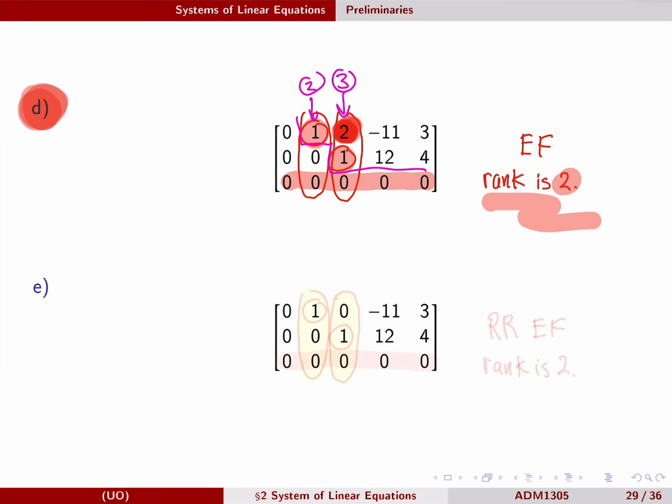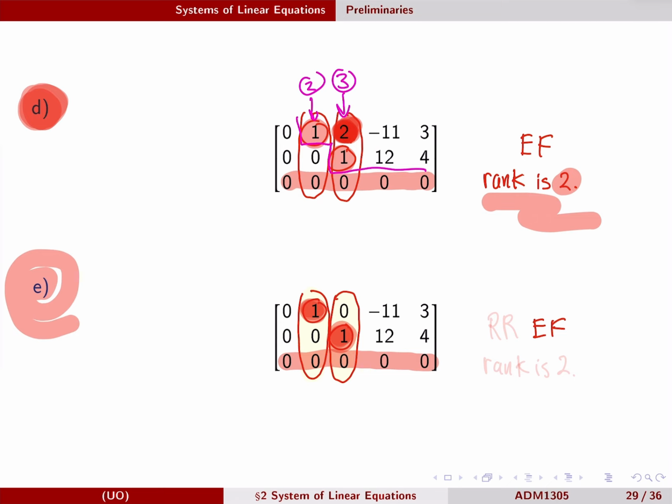What about the last example? And you can see where this goes. We still have those 2 pivots in the same spot. We still have that row of zeros at the bottom. So using the same arguments, we see that this is in echelon form. Is this in row reduced echelon form? Well, all pivots are equal to 1, just like the previous example. And now when you look at their respective columns, for the first pivot and the second one, they're both alone in their respective column.